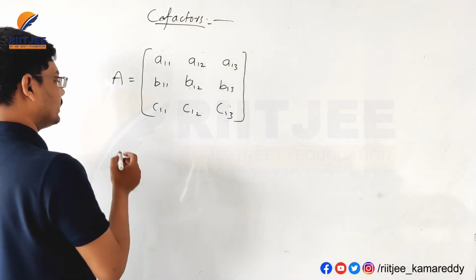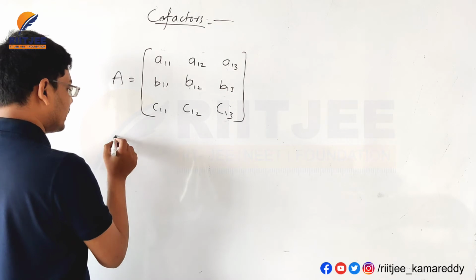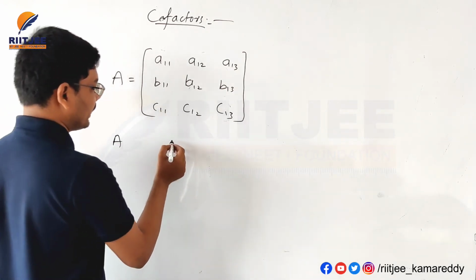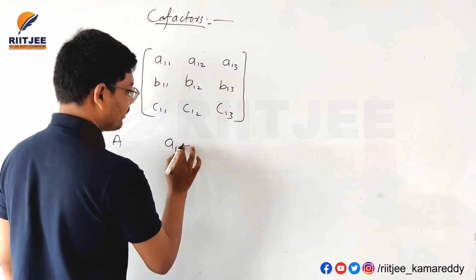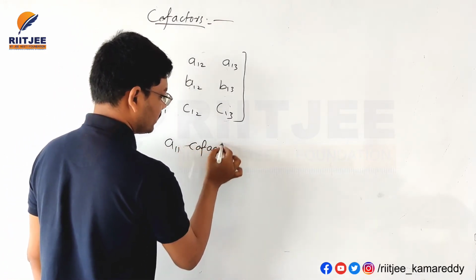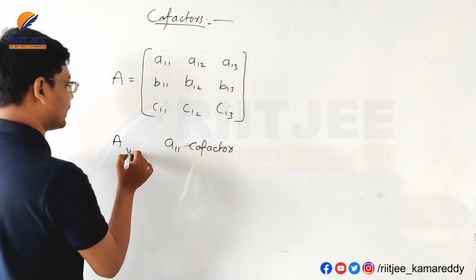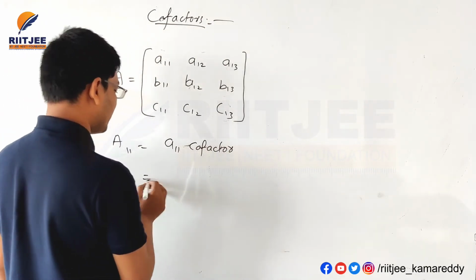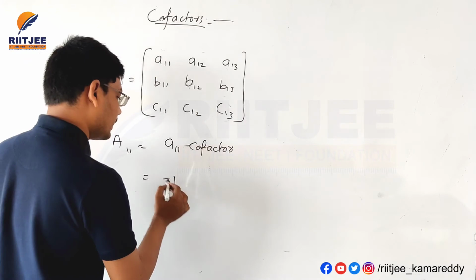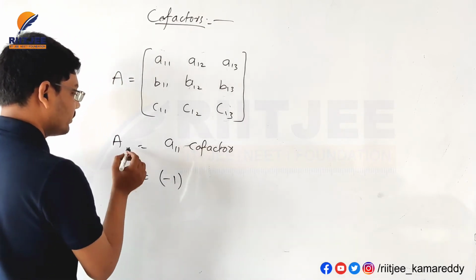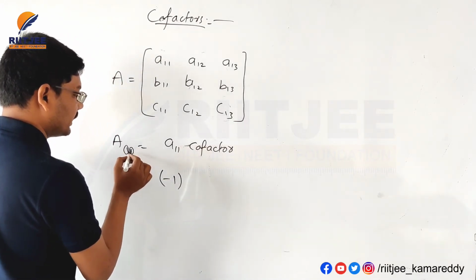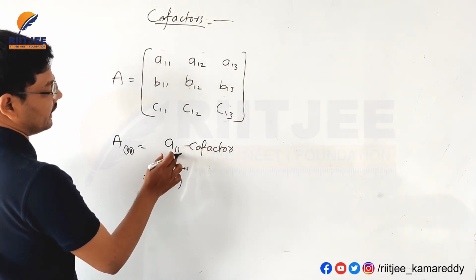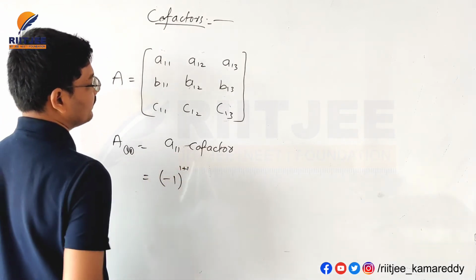A cofactor of an element is denoted by capital A. Here I am going to find the cofactor of A11. It is denoted by capital A11. And what is A11 here? Cofactor of A11 is minus 1 to the power of the order of the element in a matrix. Here the order of the element is 1 plus 1.